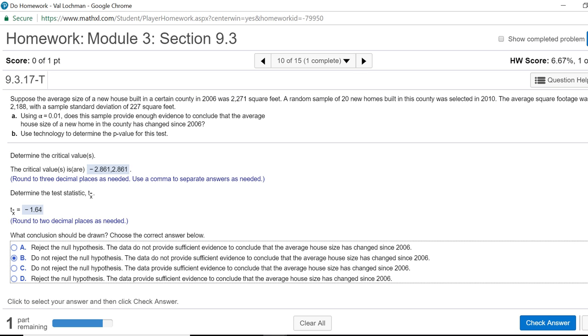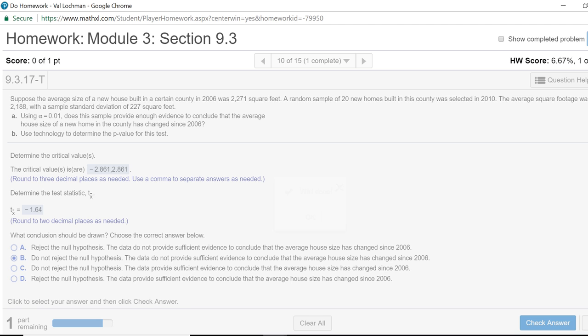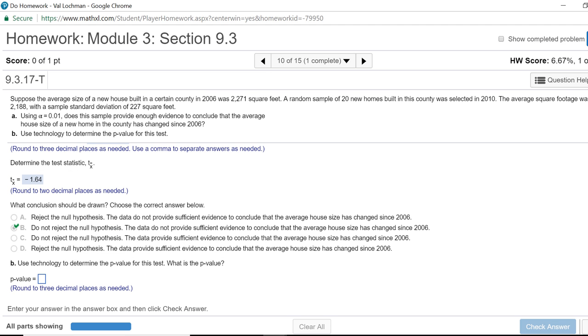In simple language, this means that 2188 square feet is not different enough from 2271. Let's check the answer. That looks correct.